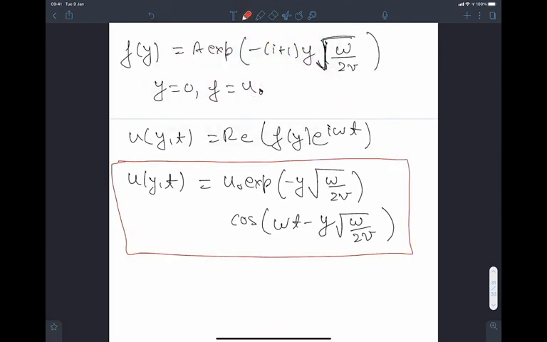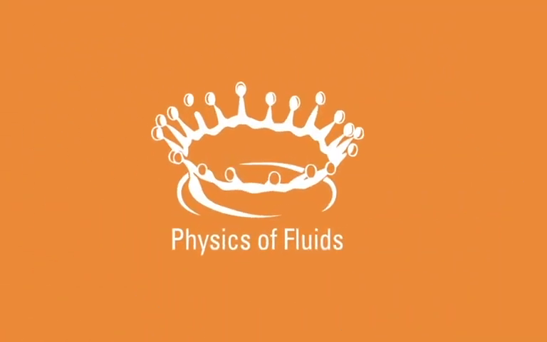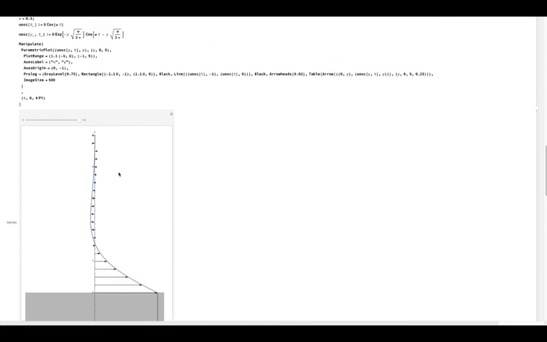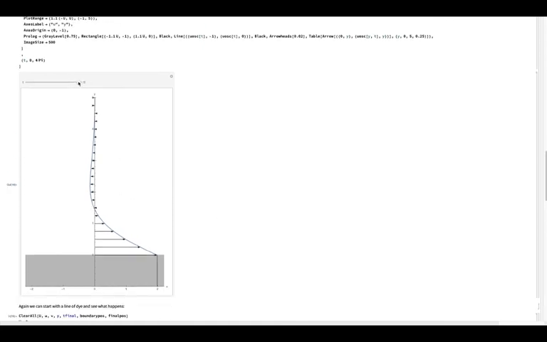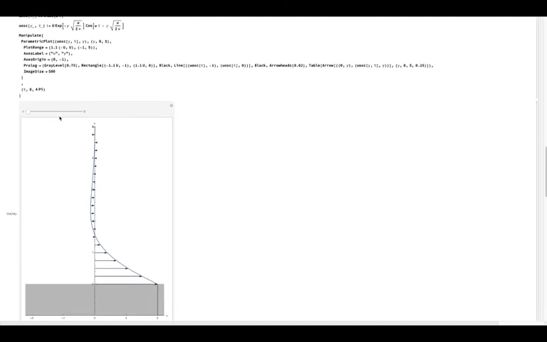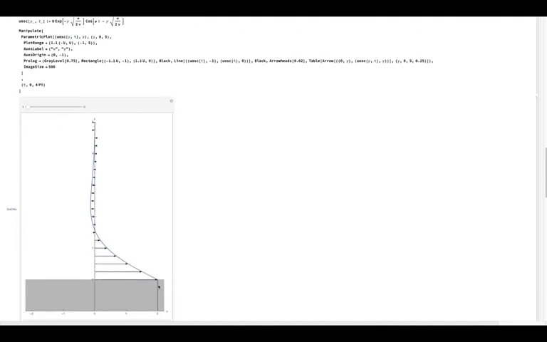Now let us try and visualize this solution. So here at t is equal to 0, we have a situation like this. So the velocity at y equal to 0 is u naught cos omega t, and this velocity oscillates also with y, but it also decays.